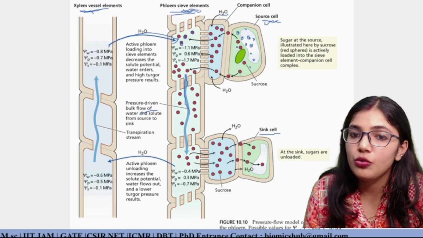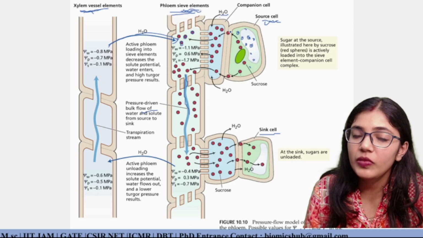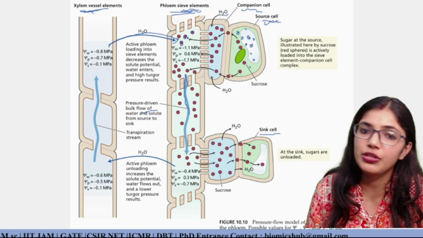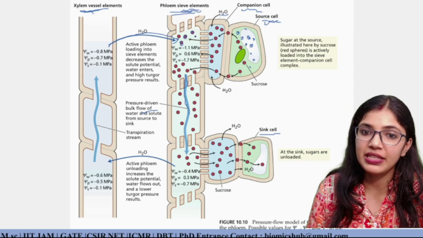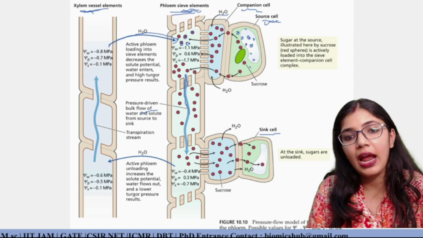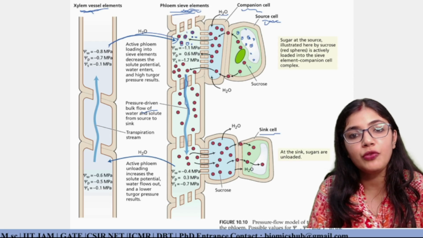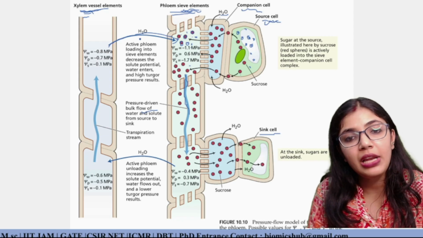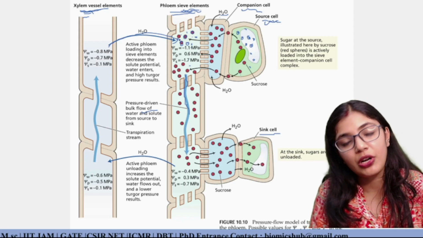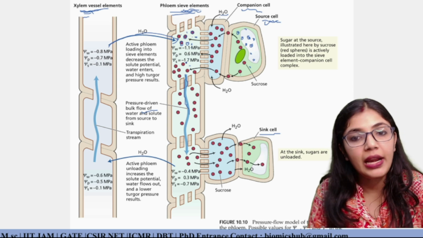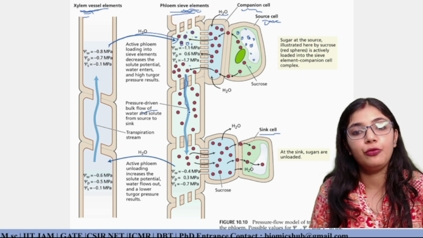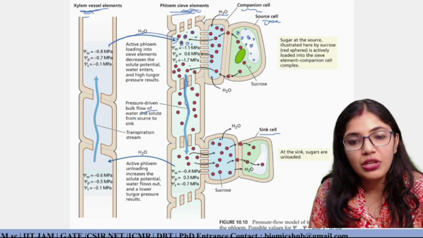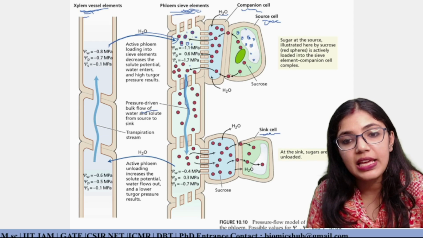The source cell helps in the transfer of the solute into the companion cell, and from the companion cell it is transferred into the sieve element through the symplast. As it has a high amount of solute, the nearby xylem vessel helps in endosmosis, so water will be taken up here. Now through bulk flow or pressure flow, it will be transferred to different parts. This is the reason where the sink is present.